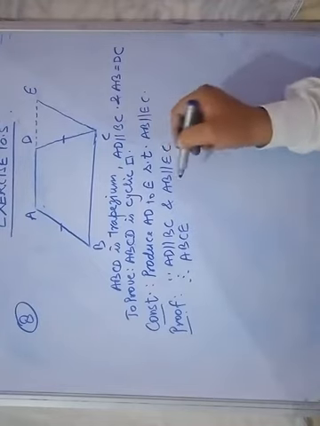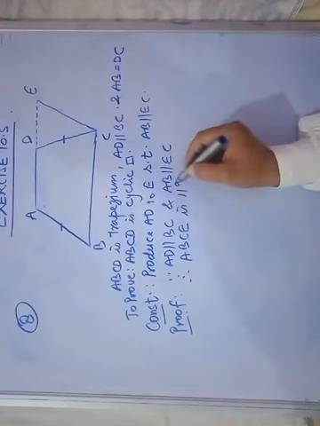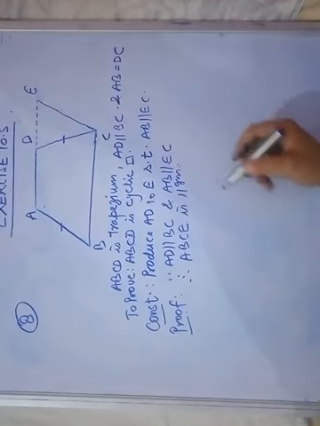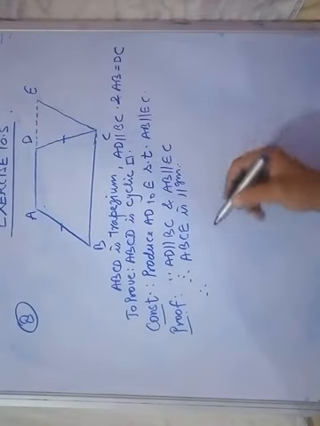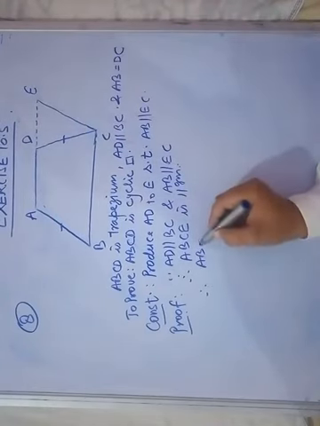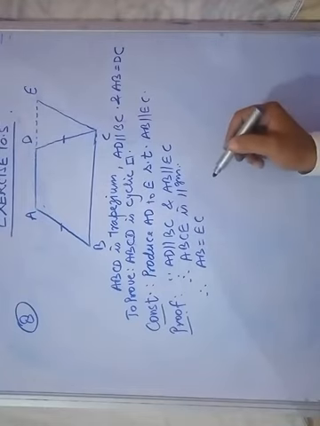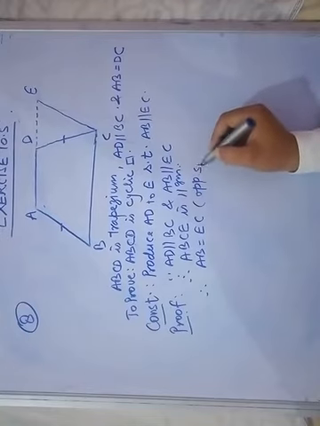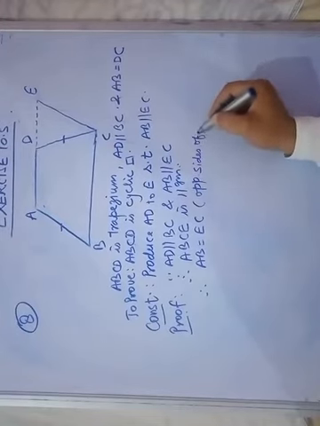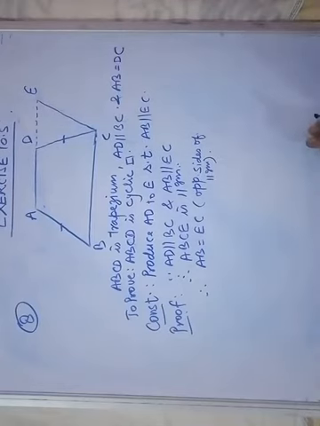Opposite sides are parallel, so ABCE is a parallelogram. Therefore AB will be equal to CE, as opposite sides of a parallelogram.